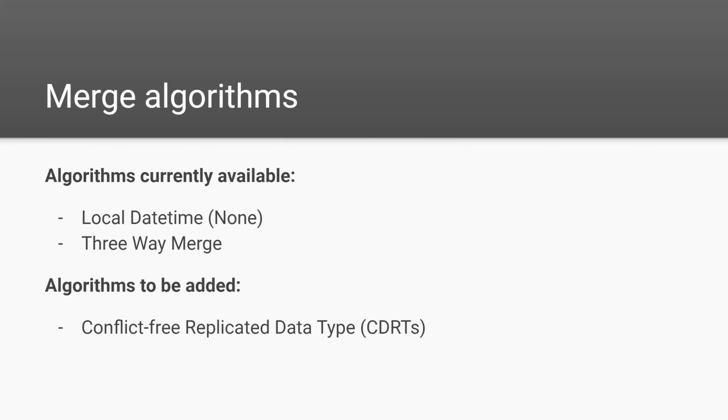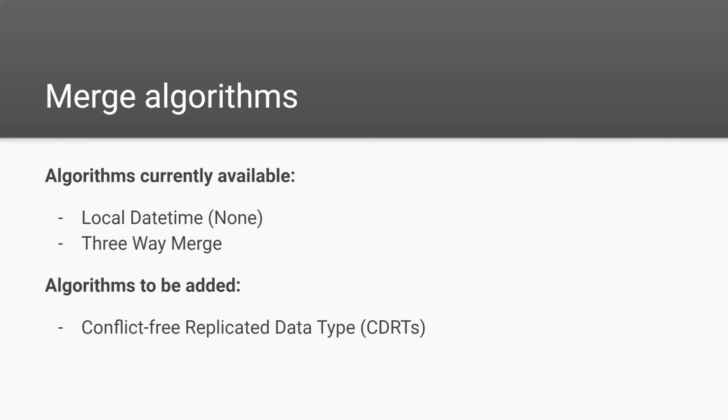Okay, moving forward to the merge algorithms. When I say that the delay-tolerant Mongoose sends data to other instances, sometimes that data has already been modified by that instance, and you need to merge the changes from one instance to another.